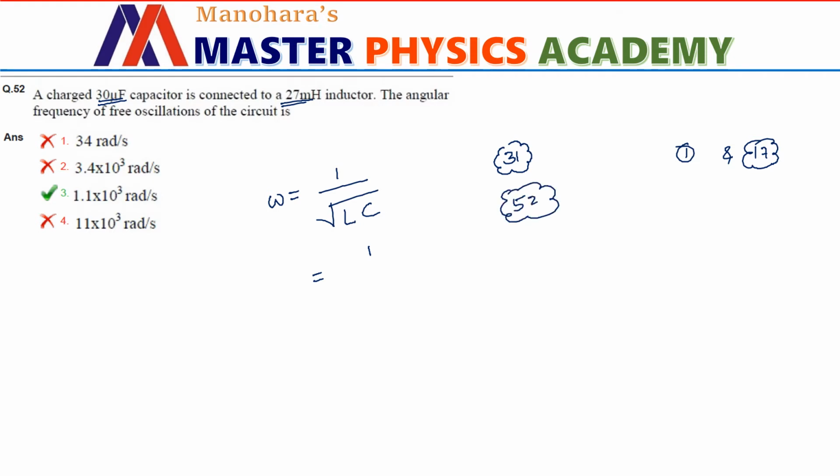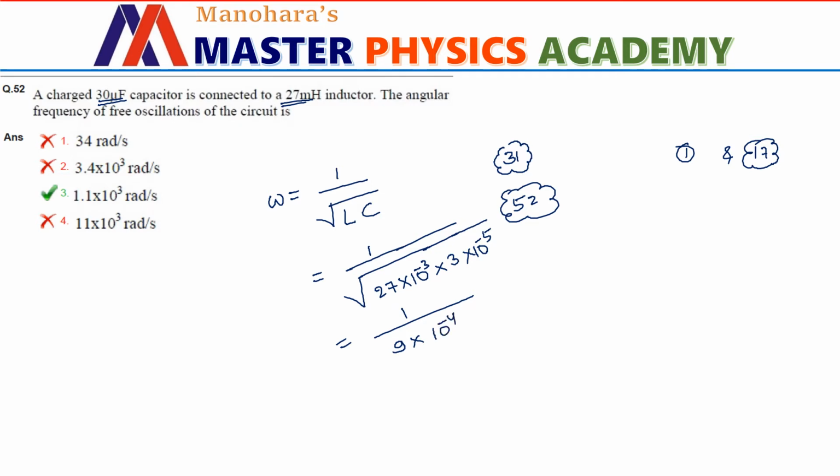So 1 divided by root of L C. L is 27 millihenry, so that is 27 into 10 to the power minus 3, and 30 microfarad means 3 into 10 to the power minus 5 farad. Now 1 divided by root of 27 into 3, which is 81, the root of that is 9. 10 power minus 3 times 10 power minus 5 is 10 power minus 8, and the root of that is 10 power minus 4.